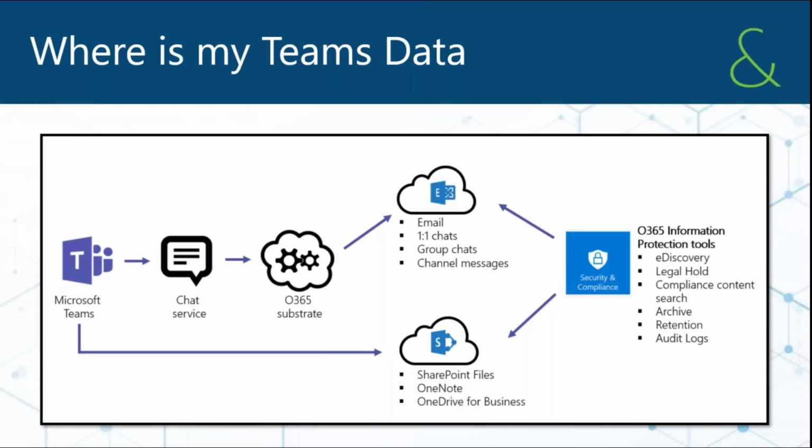Microsoft has a whole suite of tools for Office 365 that have been in place for a long time, and you can use all of those to protect your data in Teams. I really like this slide because it shows how the data flows, where it's stored, and what kind of controls you have.